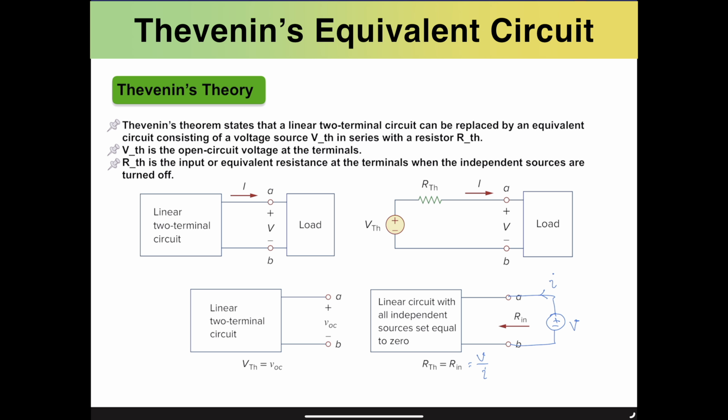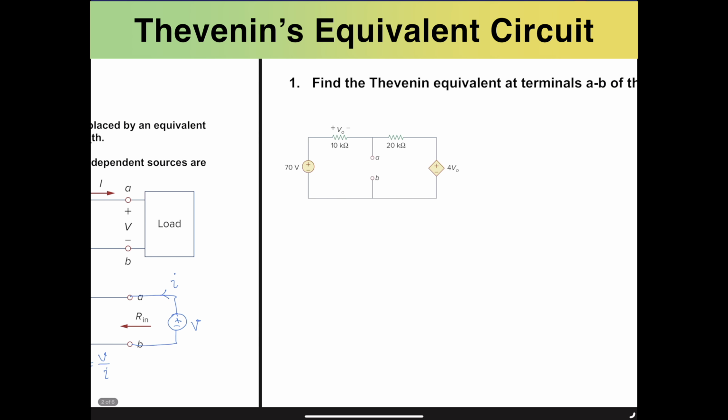That is just for simplification, but if you don't do that, it would not make the solution different. We'll see how the combination of this Thevenin voltage and resistance can help us simplify complicated circuits in the next few examples.